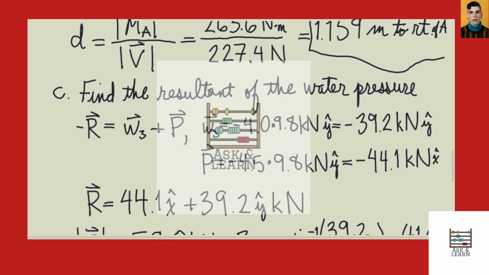For our lateral force vector, we have negative 4.5 times 9.8 kilonewtons in the x direction, and that product comes out to negative 44.1 kilonewtons in the x direction. Make that fix here.